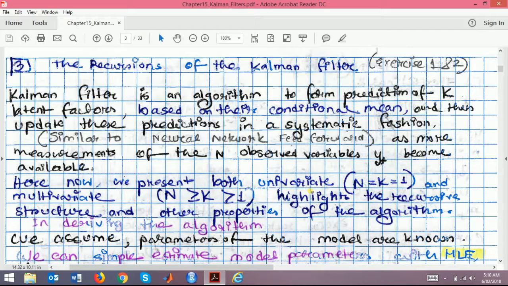So based on the conditional mean, first predictions are made, and then these predictions are systematically updated, quite similar to the feed forward algorithm in neural networks, where as soon as new information is fed into the system, the predictions are updated in a systematic way as more measurements of the n observed variables become available.